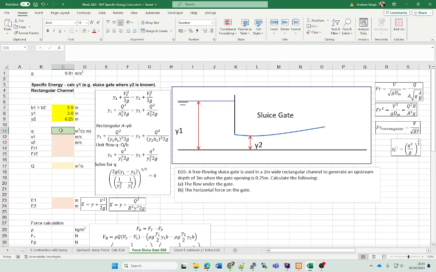Well, let's see, we've got a lowercase q, which is just the flow in the channel, which we don't know, is the unknown, sorry. And we're going to do that by calculating from our formulae that I've derived algebraically just here, based on this energy balance equation.